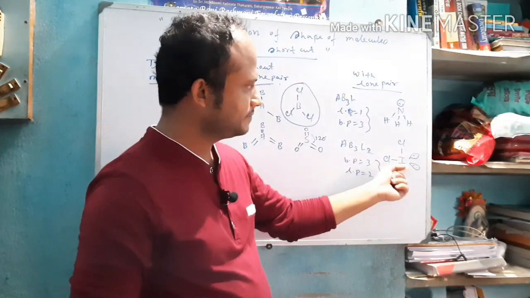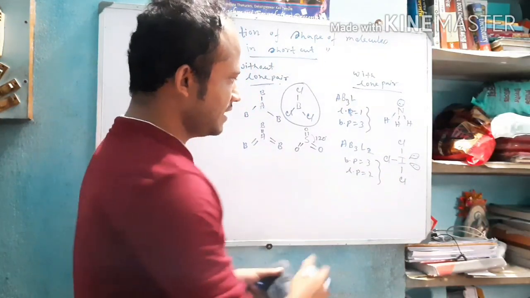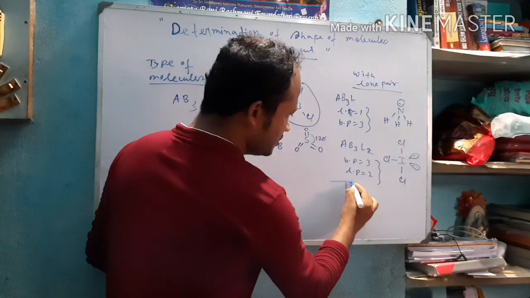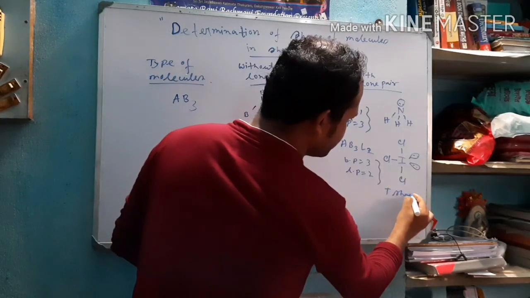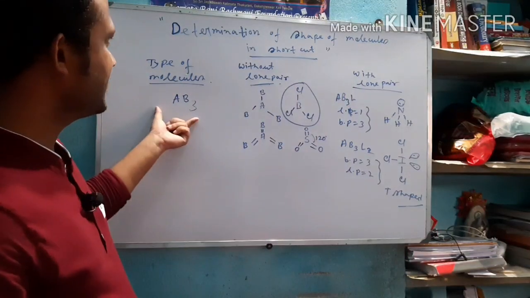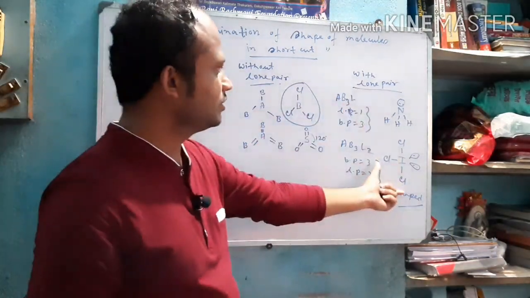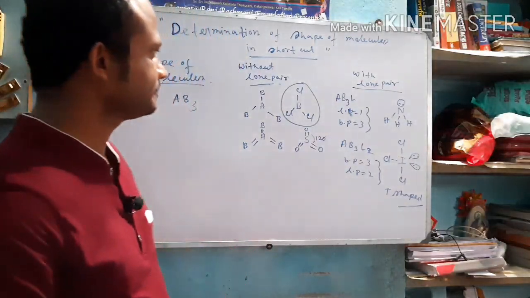And here, it looks like the alphabet T. So this is T shape. T-shaped molecule. So this is AB3 with lone pair and without lone pair. These are the examples.